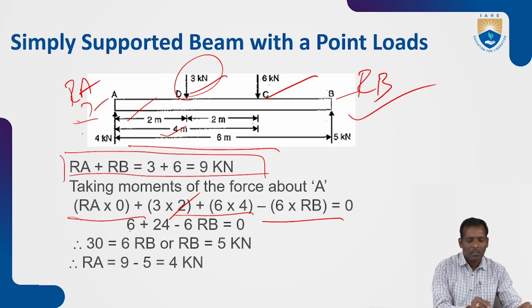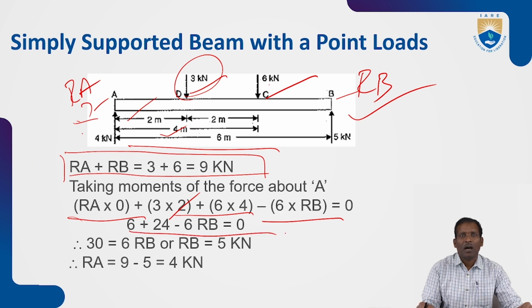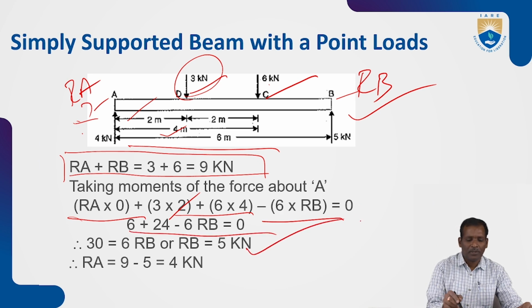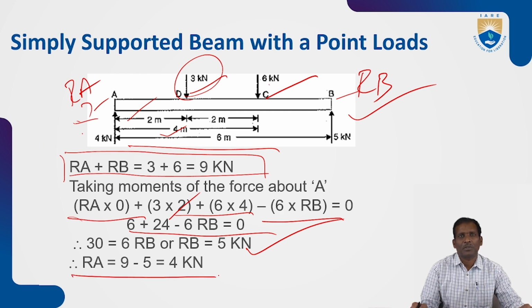So we got RB equal to 5 kilonewtons, and RA is 9 minus 5, that is 4 kilonewtons. So RA and RB we have calculated.